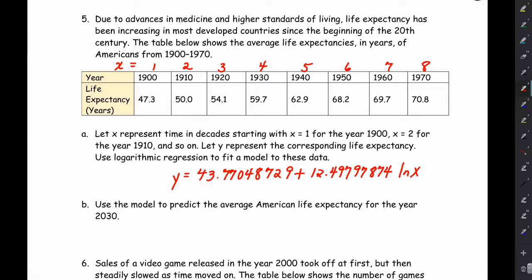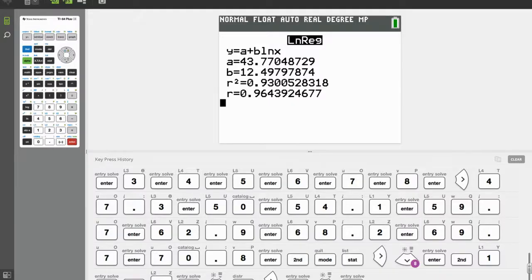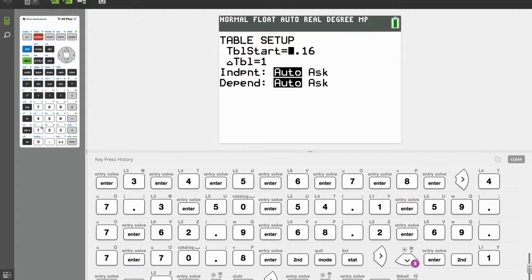It says use the model to predict the average American life expectancy for the year 2030. So for 2030, our x value would be 14. So we put 14 into our equation. We could either enter 14 in manually, or the easiest way to do it is to go to our calculator. I'm going to go to second window to set my table start value at 14.